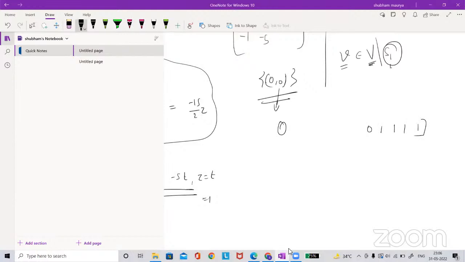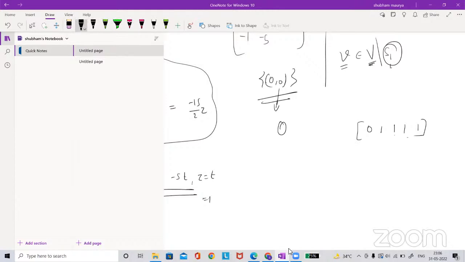The leading entry is this one, and the rest are not leading entries. Whatever variable comes at the leading entry works as dependent and the rest work as independent.